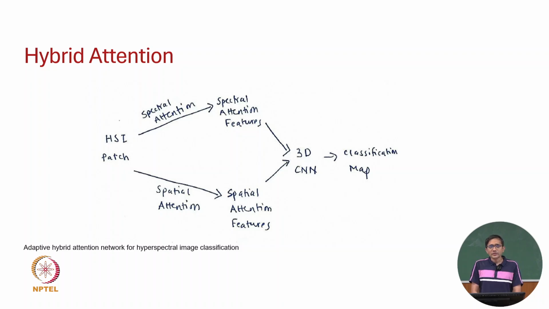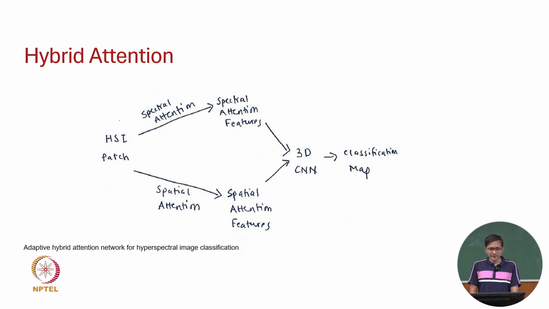for hyperspectral image classification. So in the last lecture, we have already seen that we can make a multi-branch network, right? We have seen that these branches can be a combination of 2D CNN and 3D CNN. Here, we are talking about rather using spectral attention and spatial attention simultaneously.